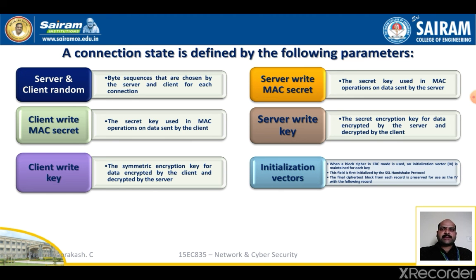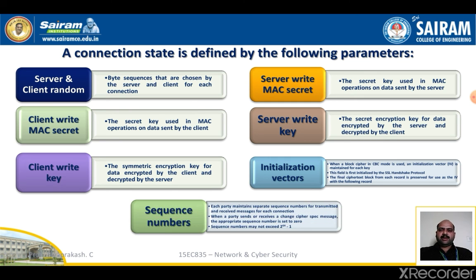Then the sixth one is the initialization vector. When a block cipher in CBC mode is used, an initialization vector, IV, is maintained for each key. This field is first initialized by the SSL handshake protocol. Thereafter, the final ciphertext block from each record is preserved for use as the IV with the following record.